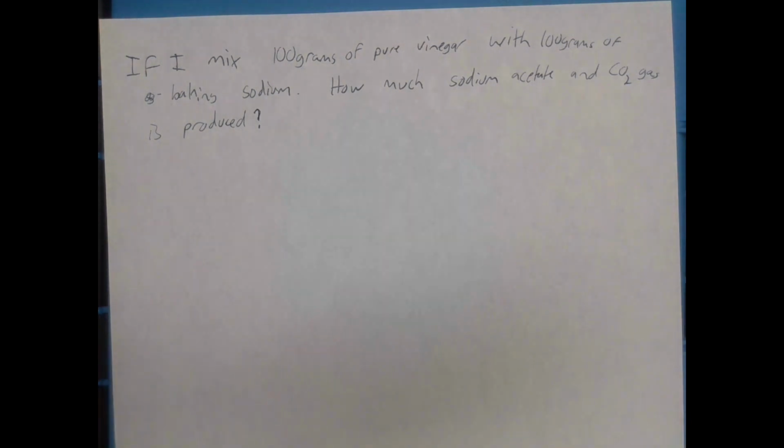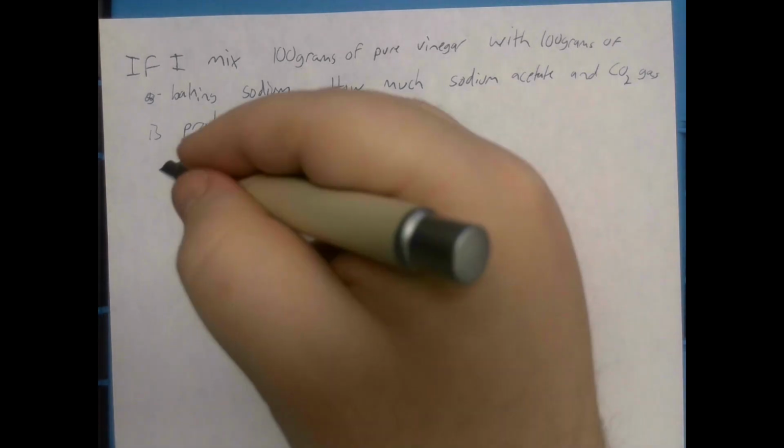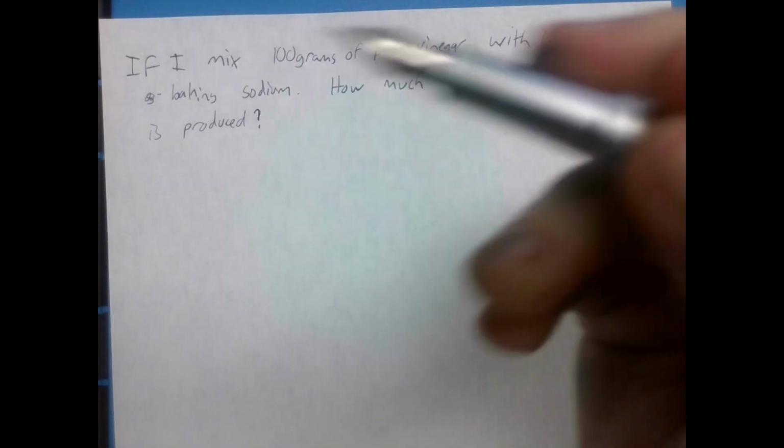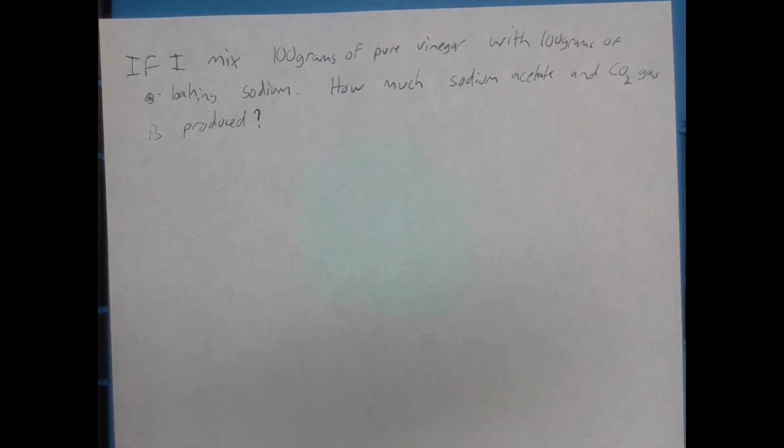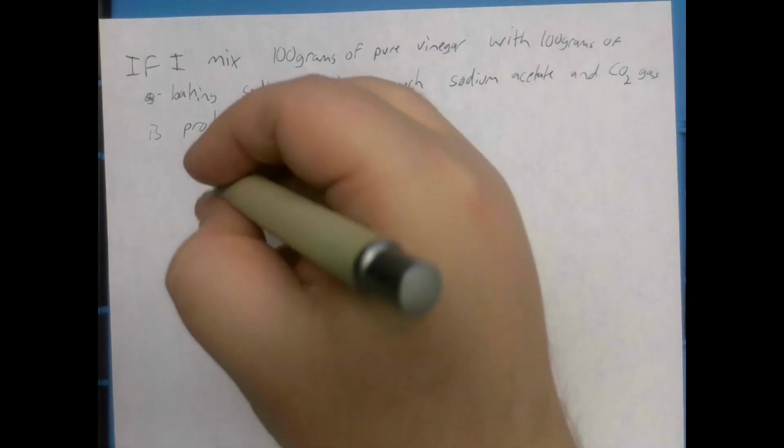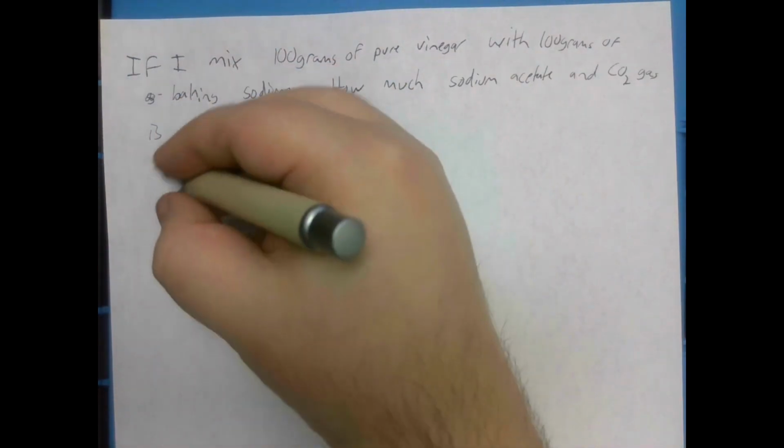So we know that there is going to be one chemical in excess and one chemical that's not. There's always going to be one, unless you have a perfect 1-to-1 ratio, like the perfect amount, one thing is always going to be in excess. So in this equation, what would be in excess?